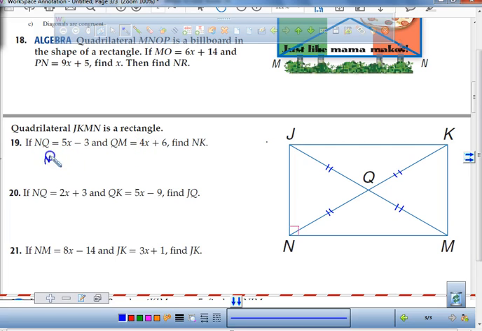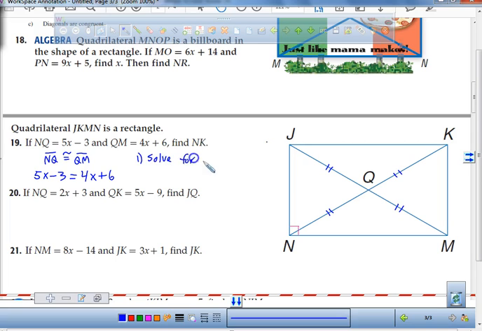So I'm going to do that first. I set NQ equal to QN. Segment NQ is congruent to segment QN. What is N to Q? 5x minus 3. What is QN? 4x plus 6. So once again, step 1, what am I expecting you to be able to do?